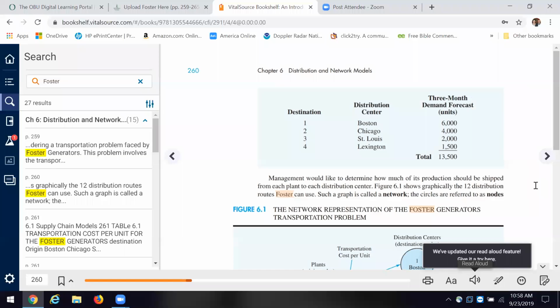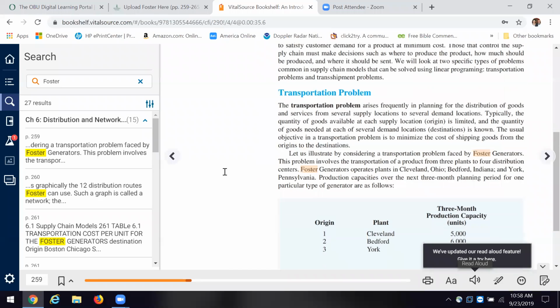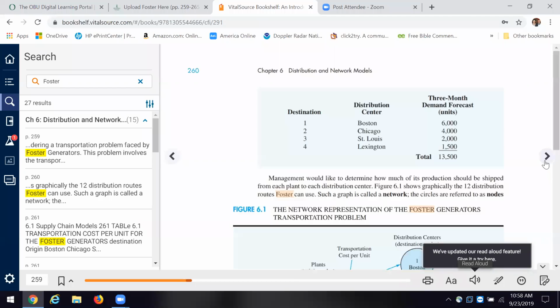And now we see the problems start to become another piece of the transportation problem, and that is we have destinations. So over here we have origin points, and then we have the destination points.